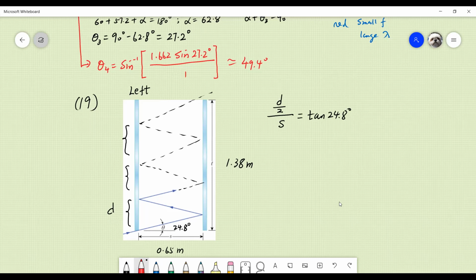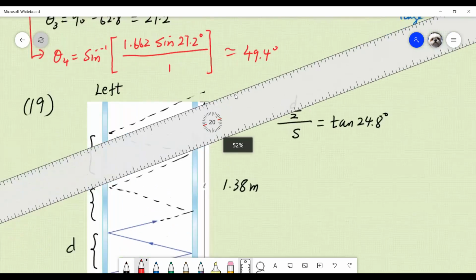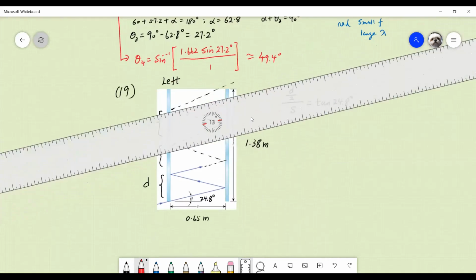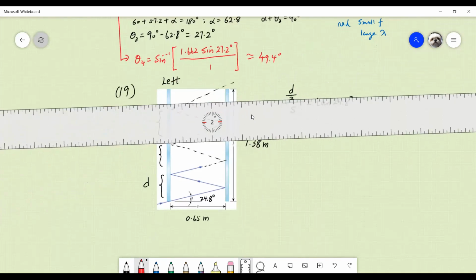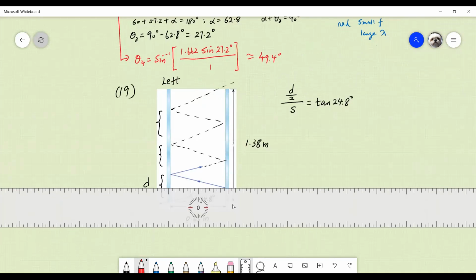Why am I doing that? I'm going to draw a normal line here, using a different color.